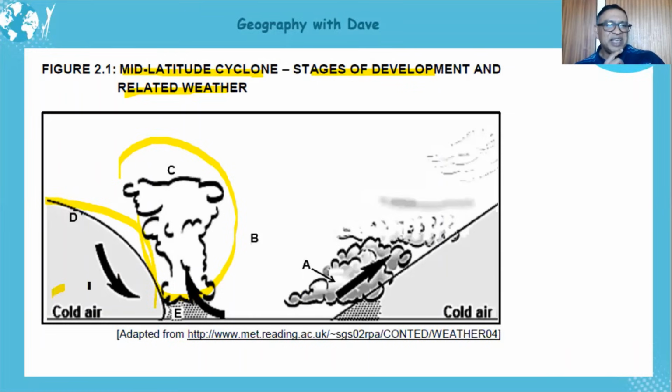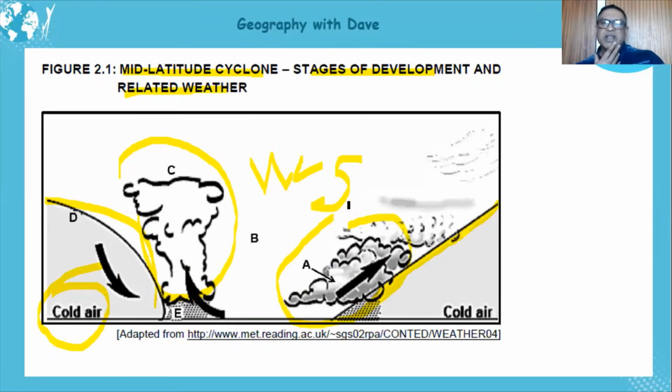Can you see? There's the cold air here. This will be the warm sector. Okay, so this will be the warm front. I'm getting it. Oh, this smaller cloud here, I remember it was nimbostratus, whatever. You understand? Okay, so I'm working out things.